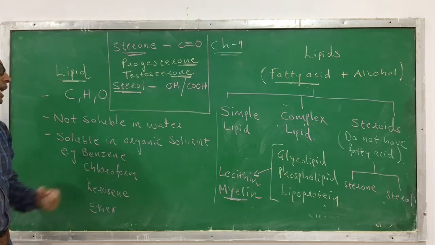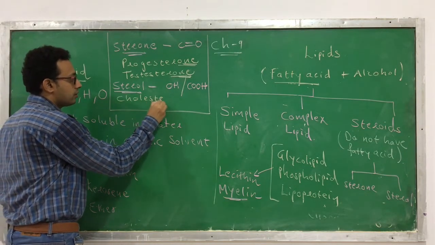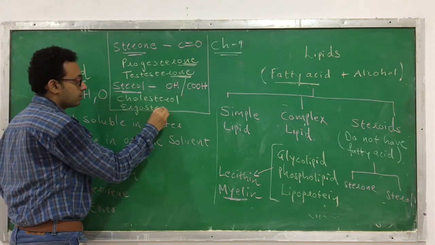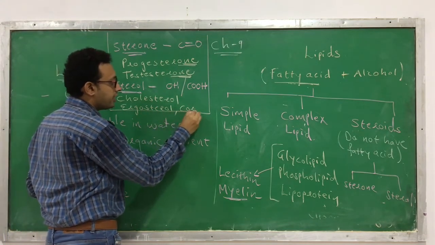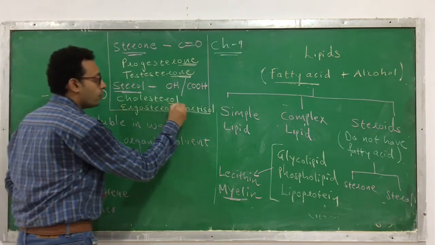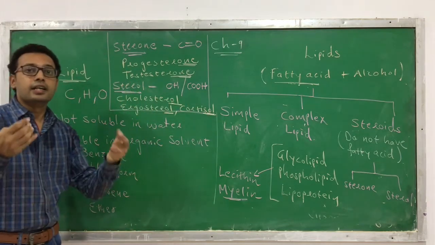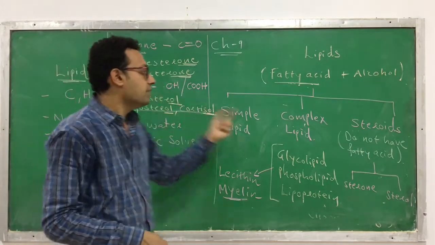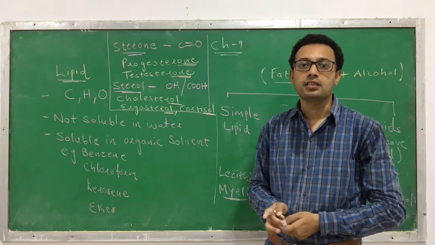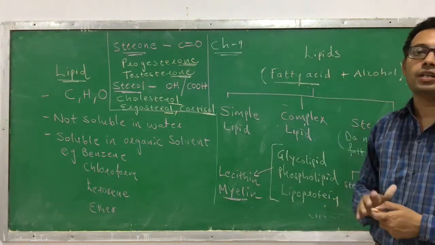I will also give you examples of sterol like cholesterol, or ergosterol, or cortisol. You might have heard a few of the names. See here, there is 'ol', so that means they are sterols. They all are lipids, and they are steroids. So steroids are lipids, but they don't have a fatty acid. So this is regarding the different types of lipid and the properties of lipid.